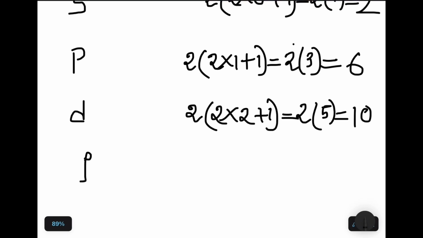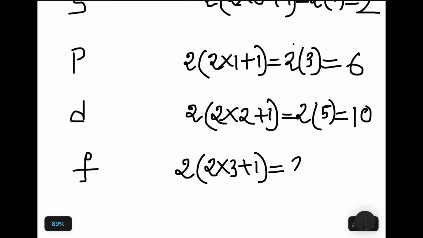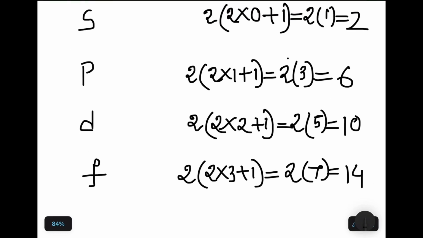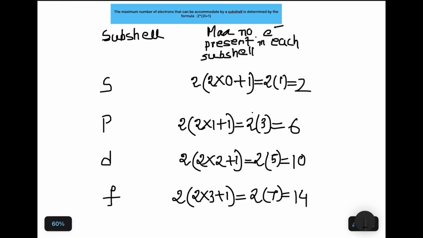And for subcell F, the azimuthal quantum number is 3, and the maximum number of electrons in subcell F is 14. Now you can see on the screen the total number of electrons present in subcell S is 2, in subcell P is 6, in subcell D is 10, and for subcell F it is 14.